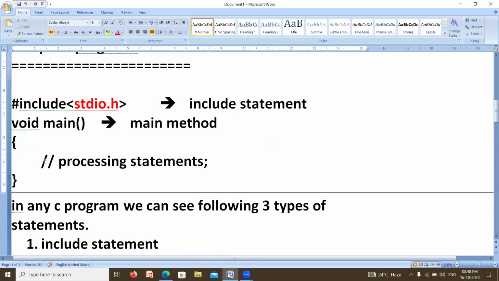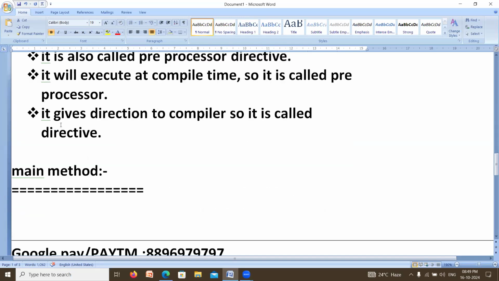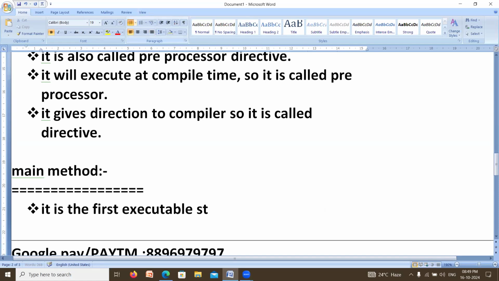From that 1 lakh lines of code, your program should start at some location. That starting point is called main. Our program always starts execution from main. So it is called the first executable statement.